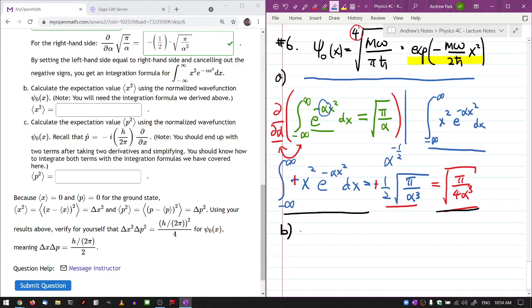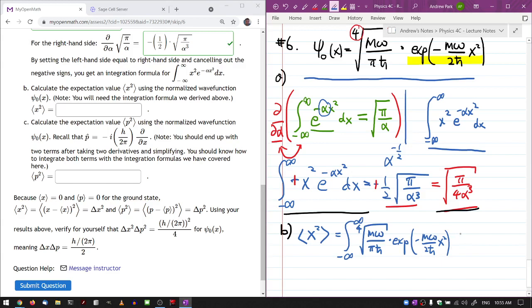The expectation value of the operator x squared is going to be equal to the integral over all space of the wave function complex conjugate, or in this case, this wave function is real, so it's just going to be the wave function itself, the fourth root of m omega over pi h bar times exponential of minus m omega over 2h bar x squared.